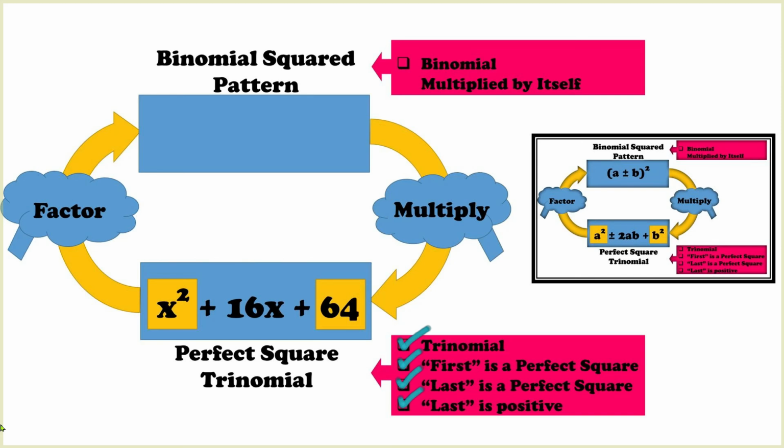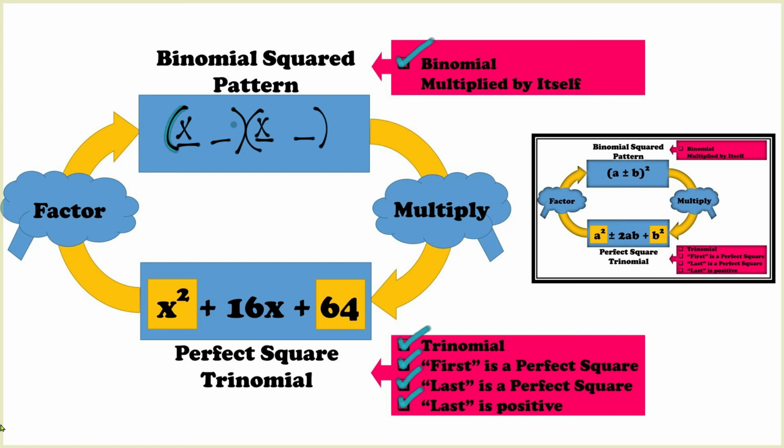So our answer is going to be a binomial multiplied by itself. So we want to get a binomial multiplied by itself. So we need to think, how are we going to get x squared? Well, that has to be x and x. How are we going to get 64?